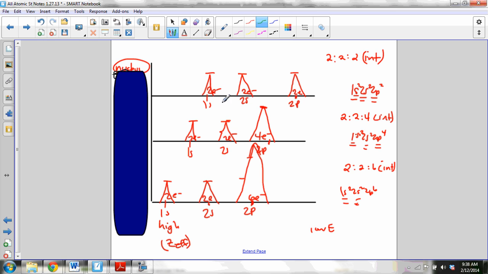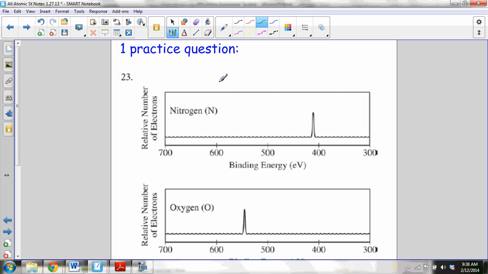All you can see is that you have 2 peaks, 2 peaks, 2 peaks, which represent the same size peaks. So they're going to be starting from the lowest, 1s2 and 2s2. And then notice that we have a 1 to 2 to 3 ratio for the last one. So then your 2p something is going to be different as you go. So you could definitely do that. You just have to know how to read these.